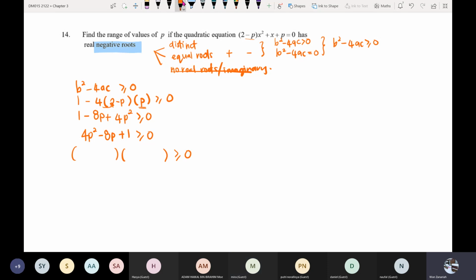Negatif 8P plus 4P square. Okay. So P equals to 1.86 and 0.13. Dua-dua positif.